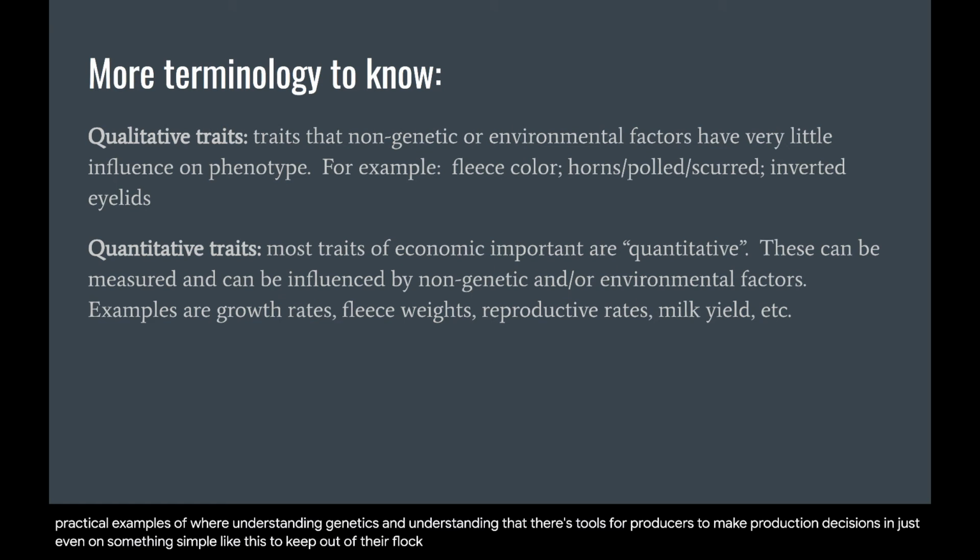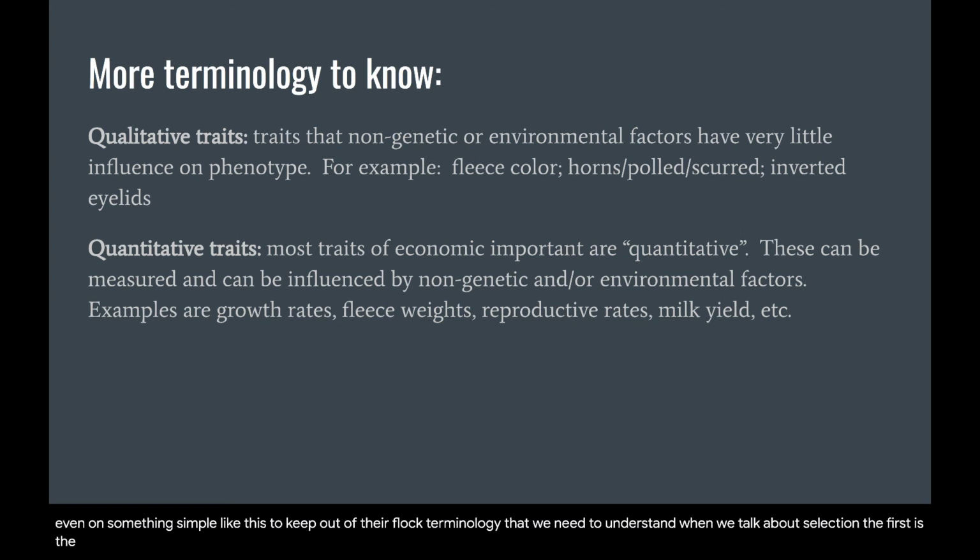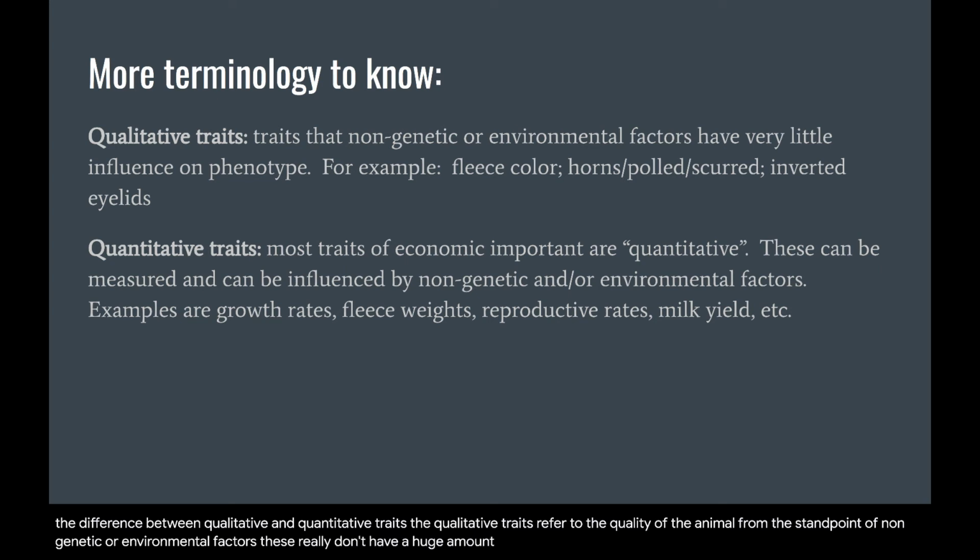There's some terminology that we need to understand when we talk about selection. The first is the difference between qualitative and quantitative traits. The qualitative traits refer to the quality of the animal from the standpoint of non-genetic or environmental factors. These really don't have a huge influence on phenotype.